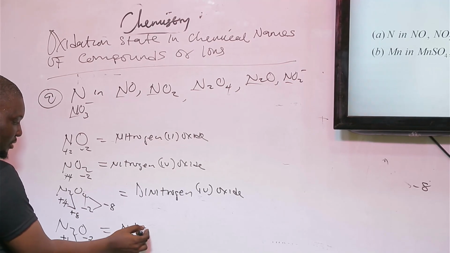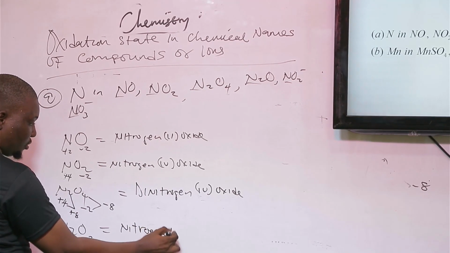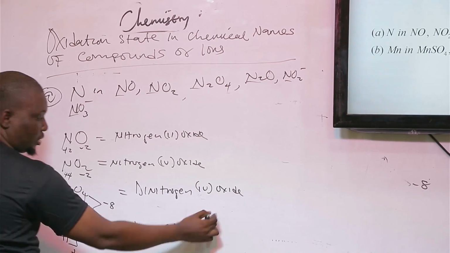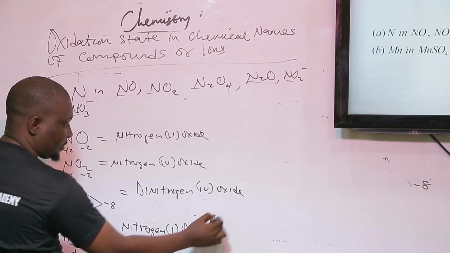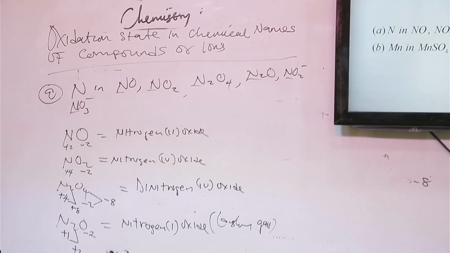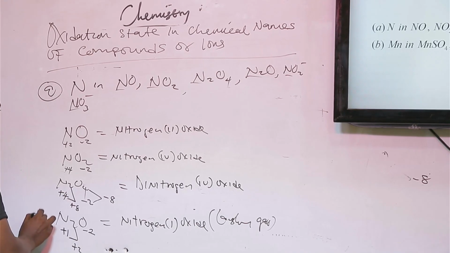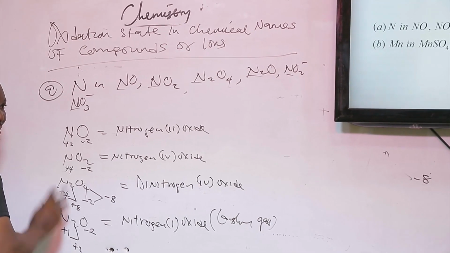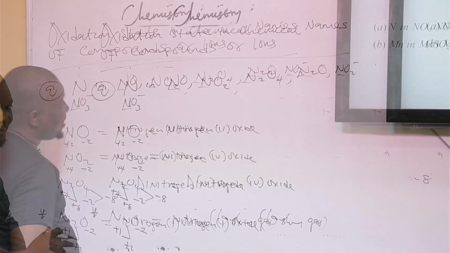So this is nitrogen(I) oxide, which is also called laughing gas. This is the first oxide of nitrogen: nitrogen(I) oxide. Okay, that's it.